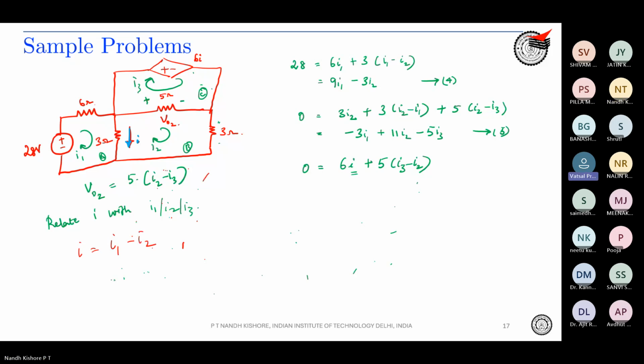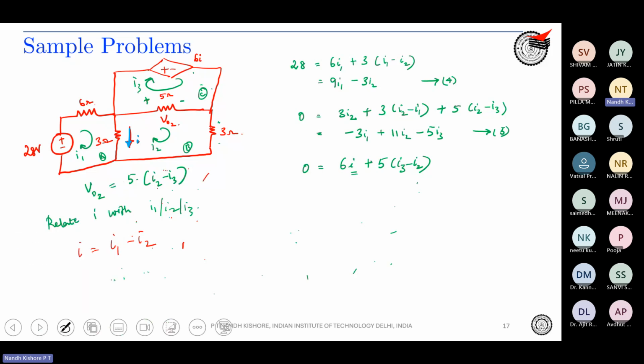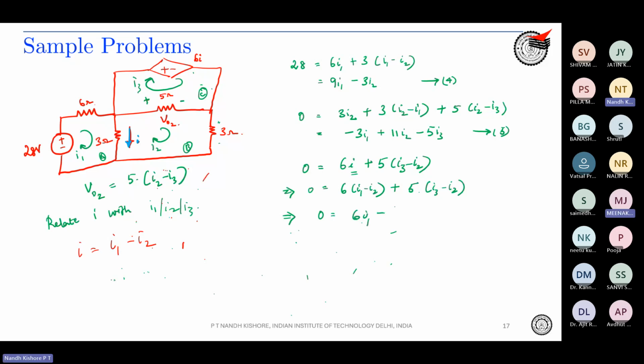Correct? So this is what we will be substituting over here. 6 into I1 minus I2 plus 5 into I3 minus I2, which means 6I1 minus 11I2 plus 5I3. So solve equations 4, 5, and 6.